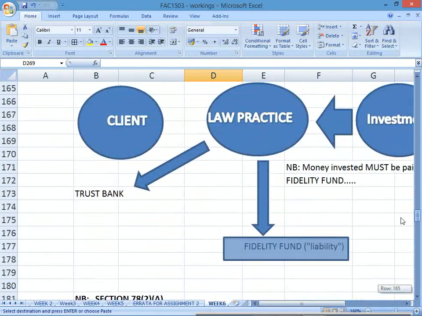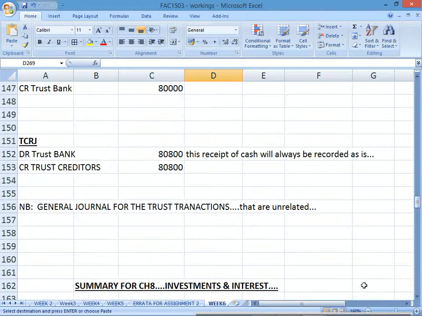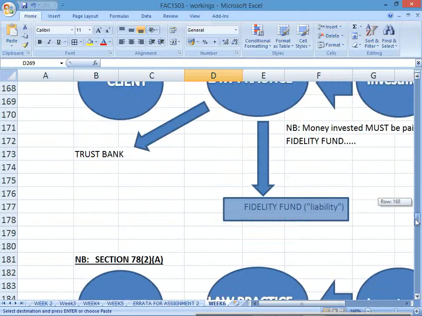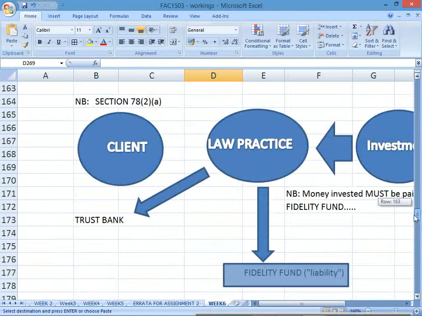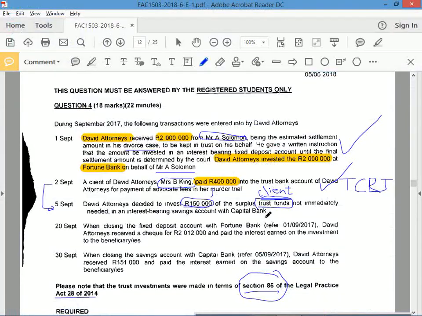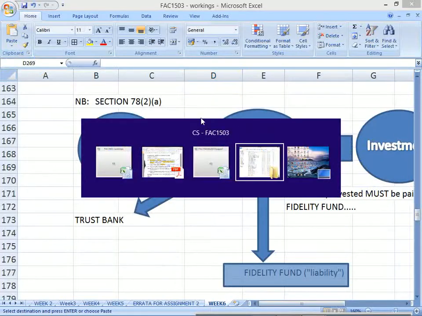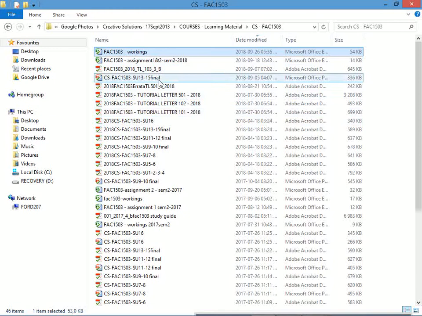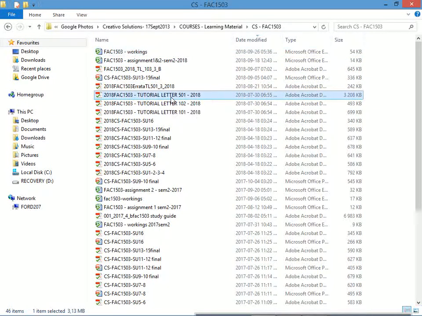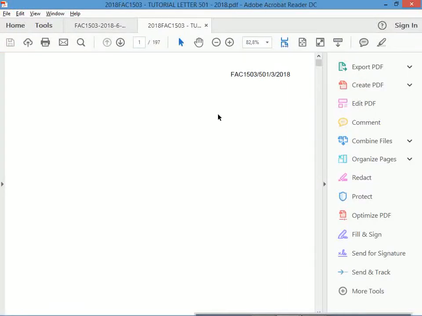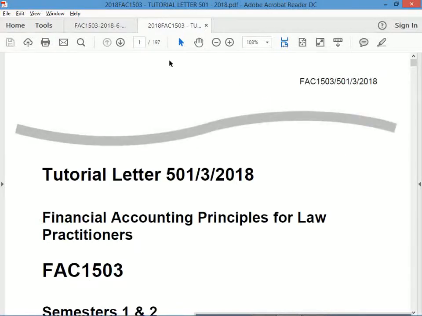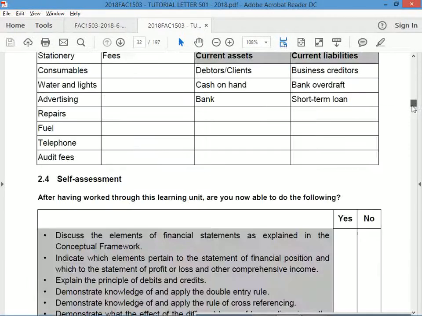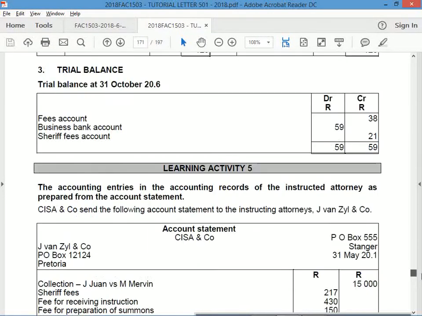Did we make a note for the other one? 78.2. Okay, let's go back to the page that we looked at last week just to confirm.